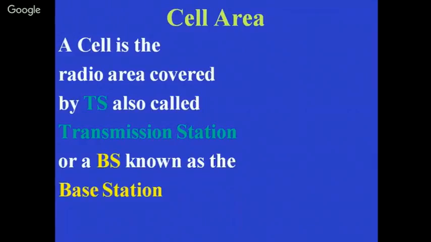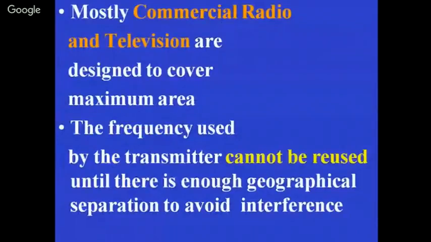So area covered by a single transmitter in a cell, that is called the cell area. In our radio and TV, transmission power is not defined. We define the location, how much area you want to cover. Accordingly, transmitting power is increased and decreased.